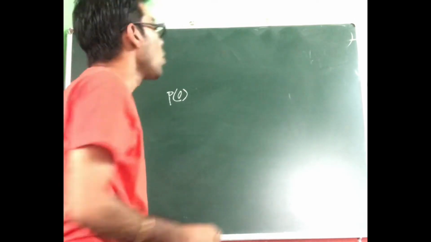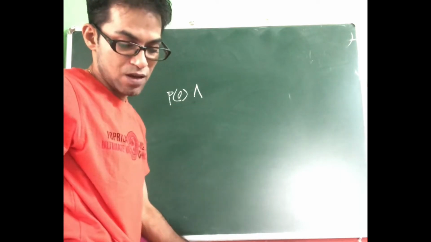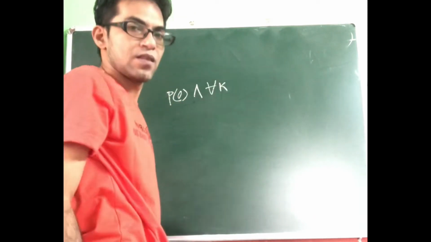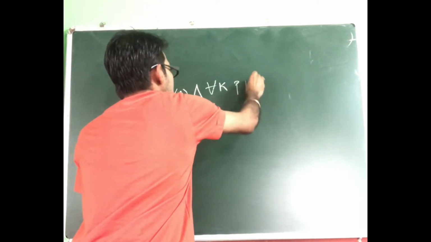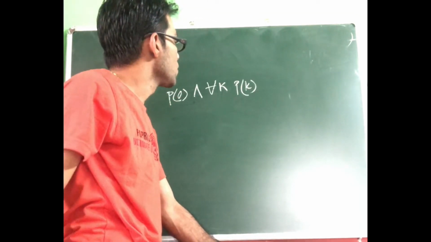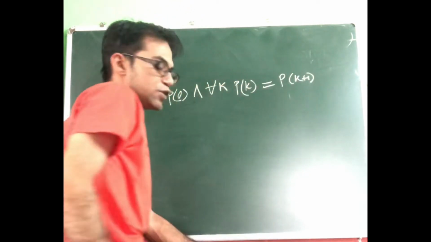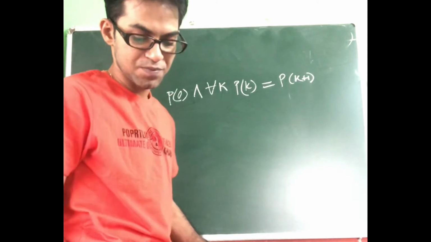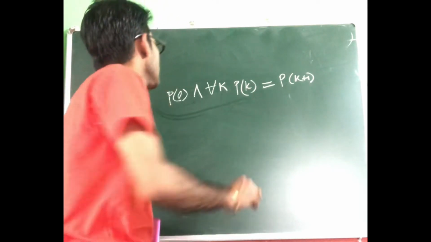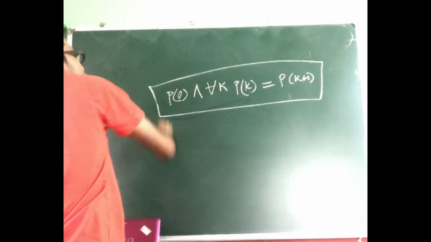If P0 is true, and this symbol stands for and, for all elements k, if P of k holds true, this implies P of k plus 1 must be true. So this is what the mathematical induction definition looks like.